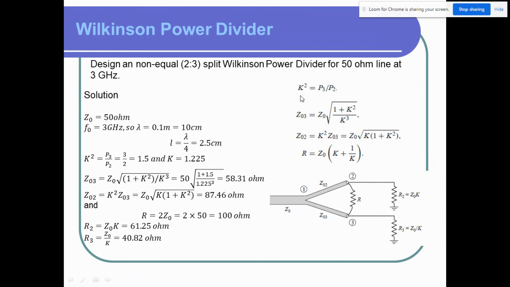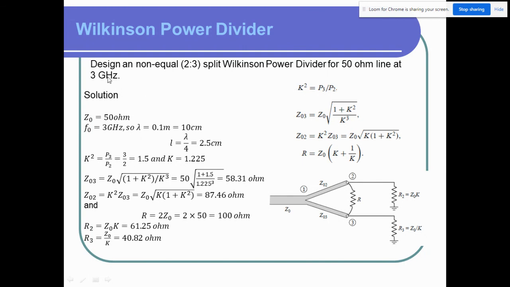So we use this K square, 3 by 2 here. 3 is P3, right? So 3 by 2 is 1.5, and K is 1.225, right? So we have Z naught, 50 ohm. Frequency we calculated already, 3 gigahertz.